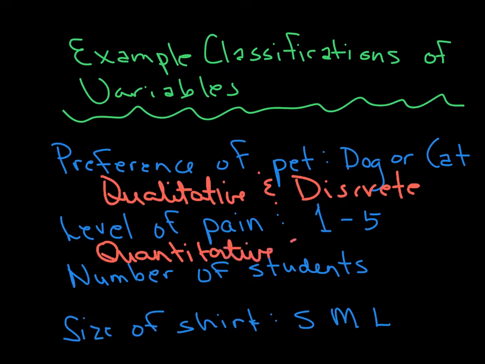Then if we look at discrete or continuous, this is one of those where technically it could be continuous data. I'll give you an example. I've gone to the chiropractor, and the chiropractor often says this to me: what is your level of pain today?